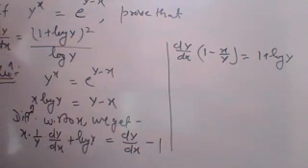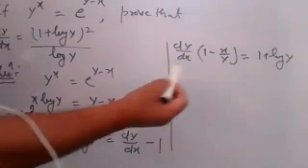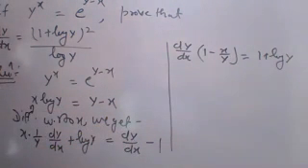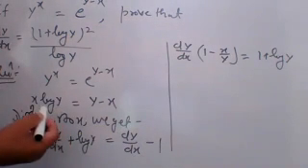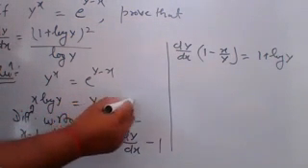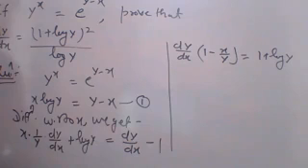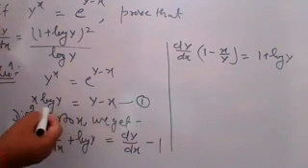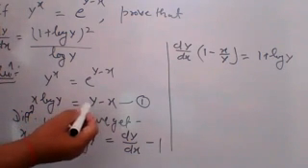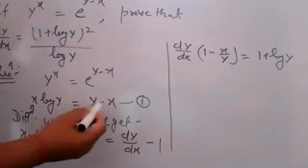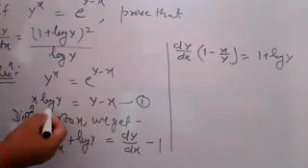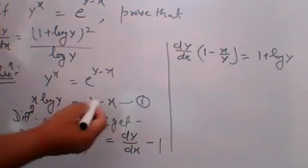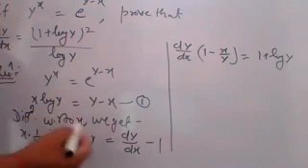So here you have the ratio x upon y, which has to be eliminated. With the help of the first equation, you can very easily find the value of x upon y. For that, divide each term by y.